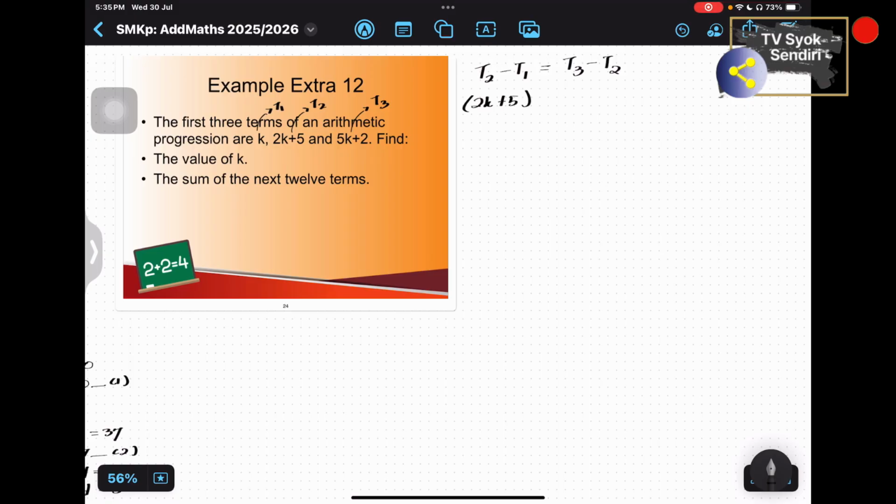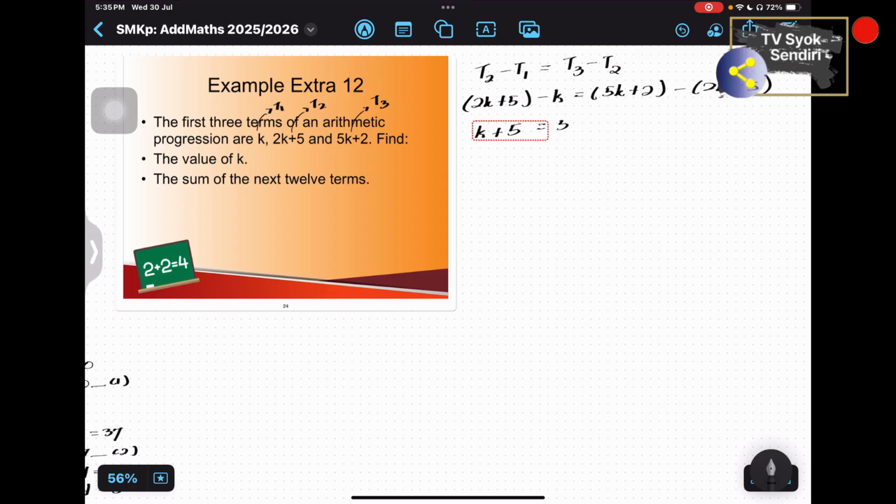I'm going to write it as (2k plus 5) because this is my second term. Usually I love to put the bracket, so that I know the whole thing belongs to the second term. And minus the first term, that is exactly equal to k. Now the third term is 5k plus 2, and then I minus (2k plus 5). My left side I'm going to get k plus 5, because it's minus k.